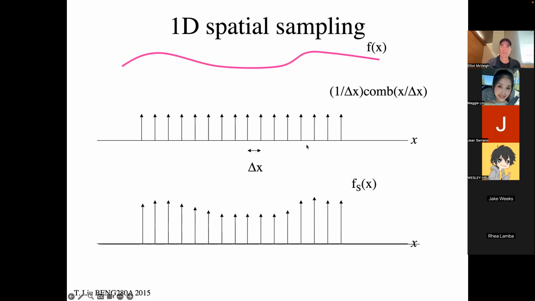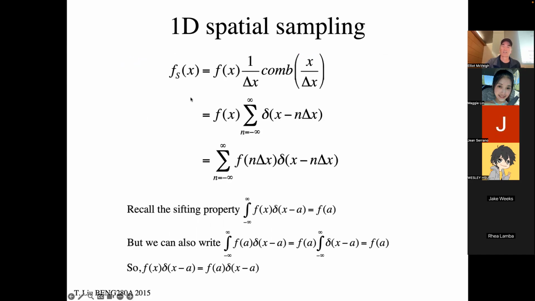It's going to give us a continuous function in x that is the sampled version of the function, but it's still defined everywhere along x. It's not just a sequence of numbers. And so that's the definition of the sampled function as a function of x. It's the function itself multiplied by this comb.